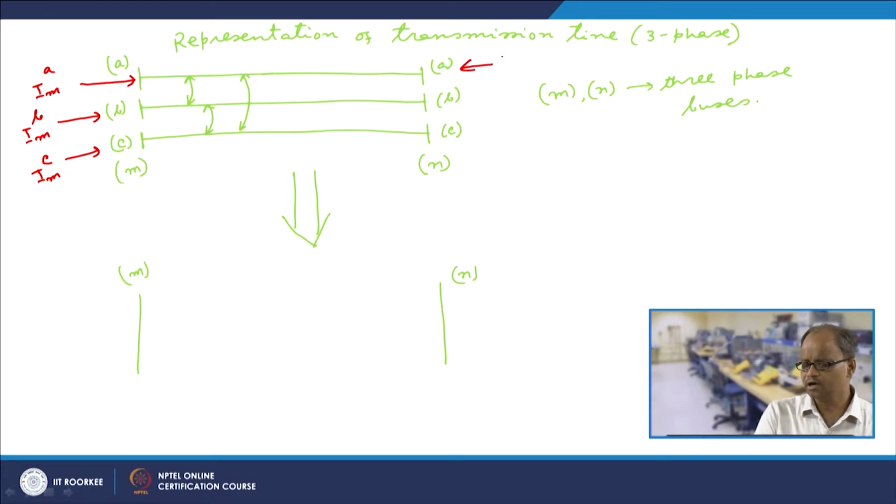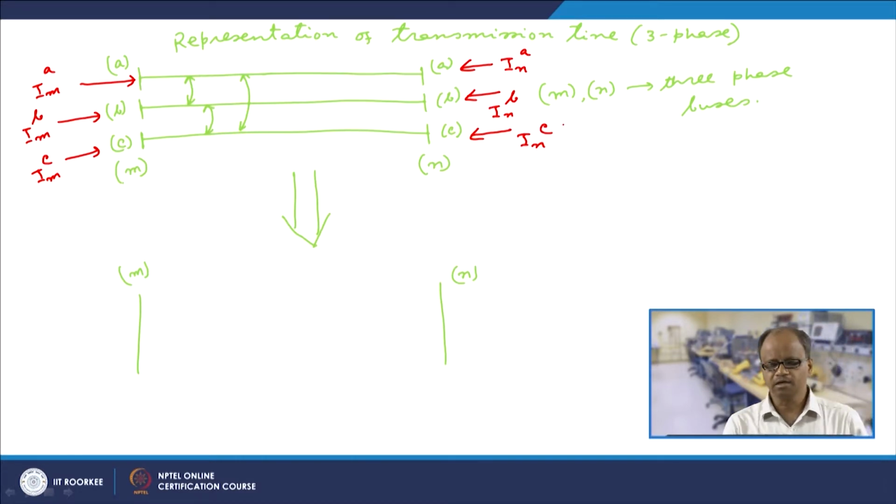Here also we have I_NA, here also we do have I_NB, and here also we do have I_NC, right. So, these are the 3 injected currents at the individual phases of bus M and N. Similarly, I have these voltages V_MA, V_MB, V_MC.